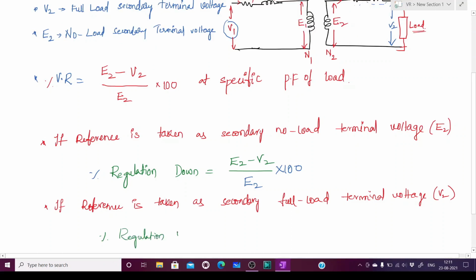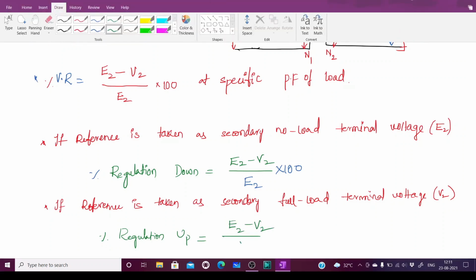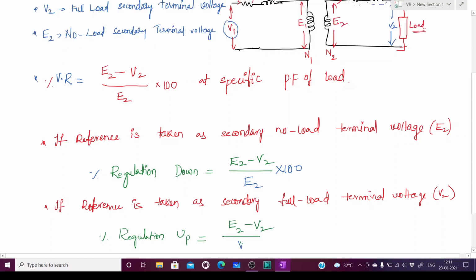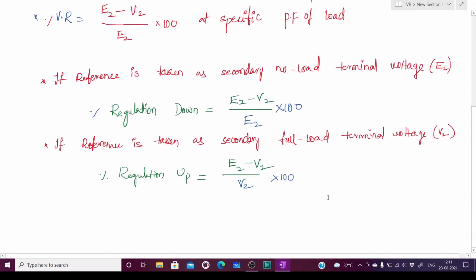The only difference is the reference in the denominator. If it is E2, that is regulation down. If it is V2, that is regulation up. By default we assume the voltage regulation as regulation down until and unless specified.